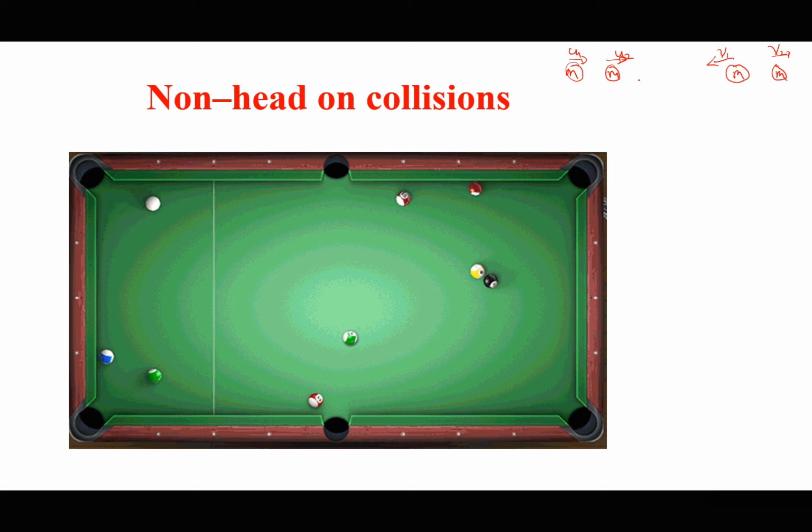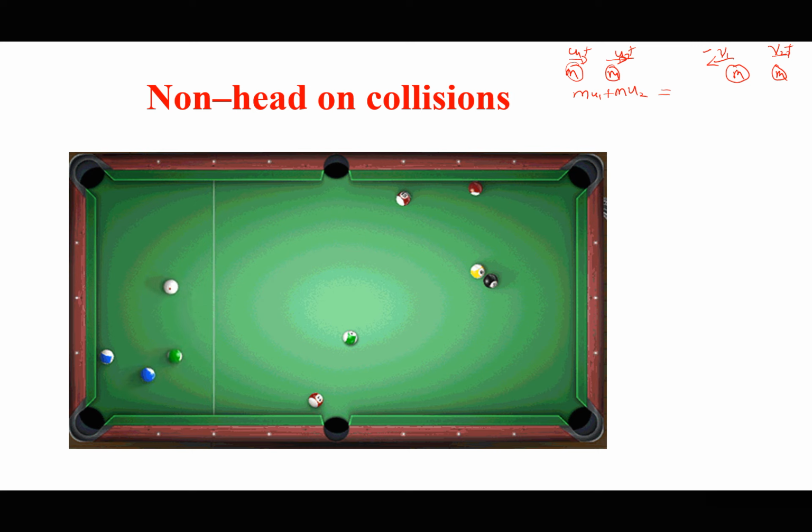To begin with, I'm going to conserve momentum. Remember, velocities to the right, I'm going to take them to be positive, and velocities to the left, I'm going to take them to be negative. So by conservation of momentum, total momentum before collision is going to be m times u1 plus m times u2, because they are all to the right hand side. This should be equal to total momentum after collision.